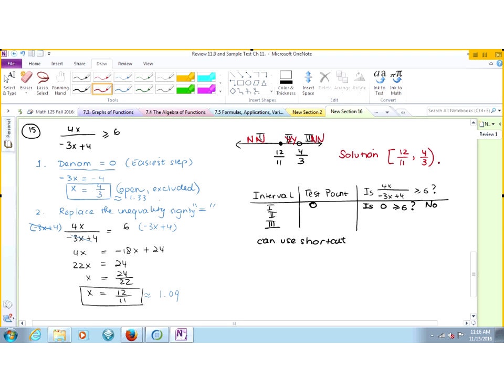Okay, so let's look at the sample test. Or do you want to go to 12.5? Which one should we go over? Frank, you think you can answer your question? Let's look at the sample test now. Which one do you want to go over? I only did 13 to 15. Which ones would you like to go over?